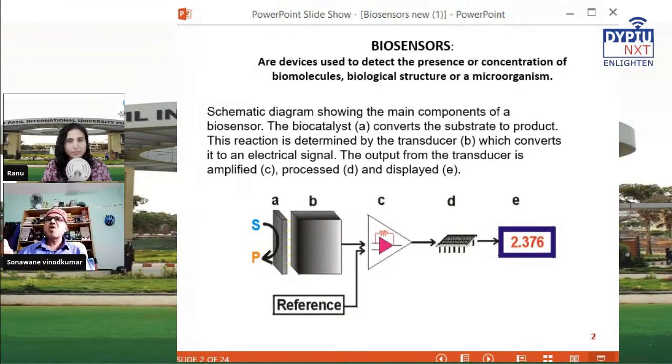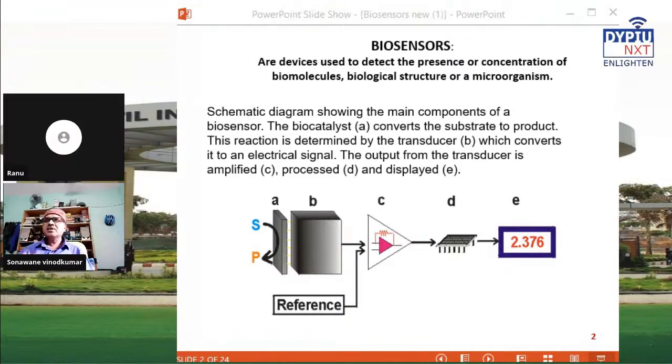If the signal is small, it is amplified. To what extent you have to amplify is your decision, your own design. Then the display may be analog or digital. And nowadays, with the help of microcontrollers like Arduino, you can control and display a lot of things, right?